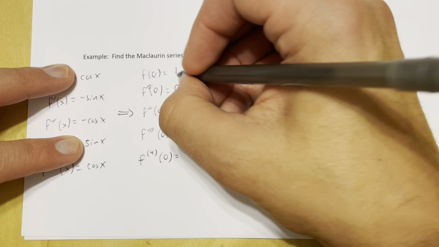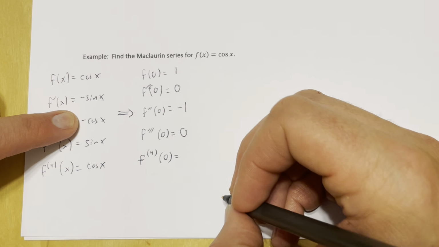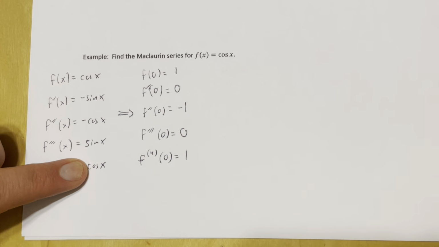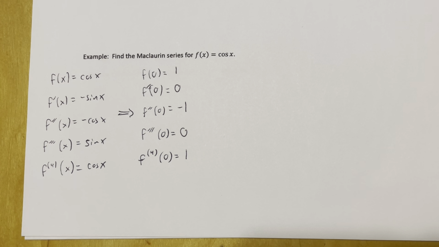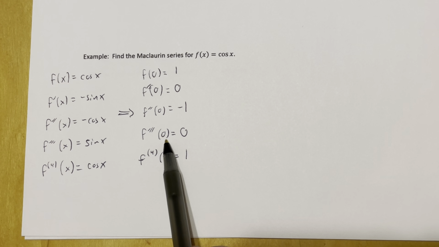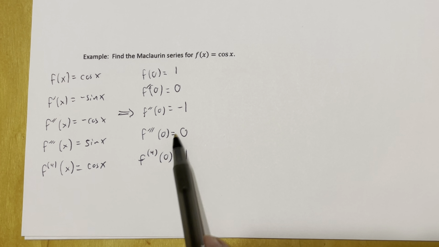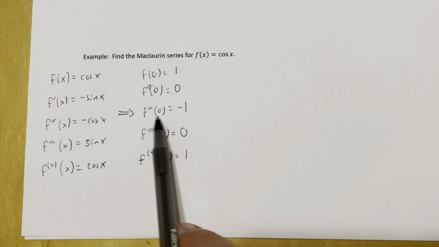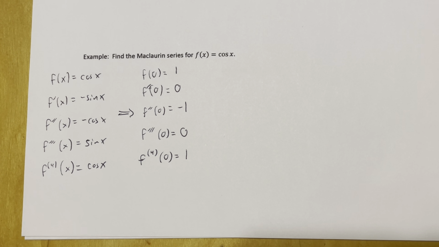Cosine of 0 is 1. Negative cosine of 0 would be negative 1. Here's another cosine, so I get a 1. I have a similar pattern as what was occurring with the sine function, but now it's the other derivatives that I'm getting 0. It's the odd ordered derivatives that are coming out to 0, and the even ordered derivatives are coming out to plus or minus 1.